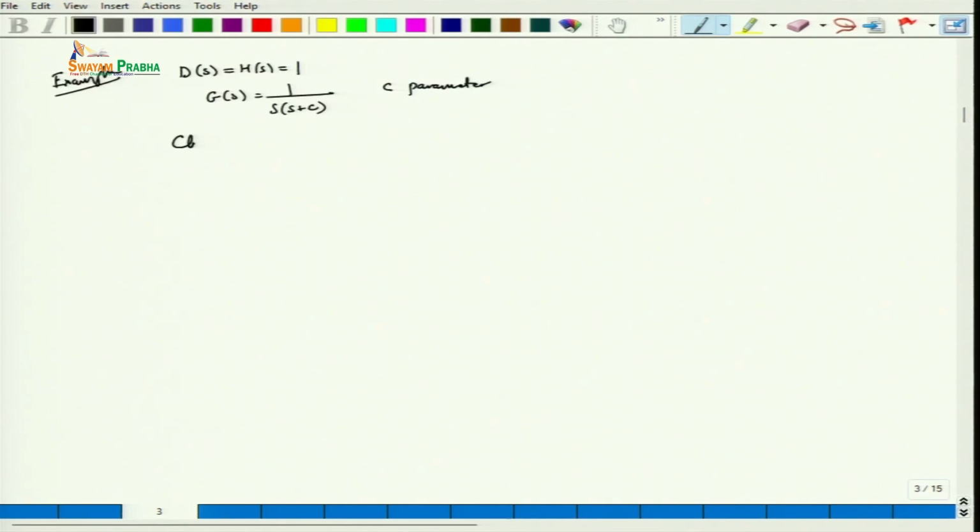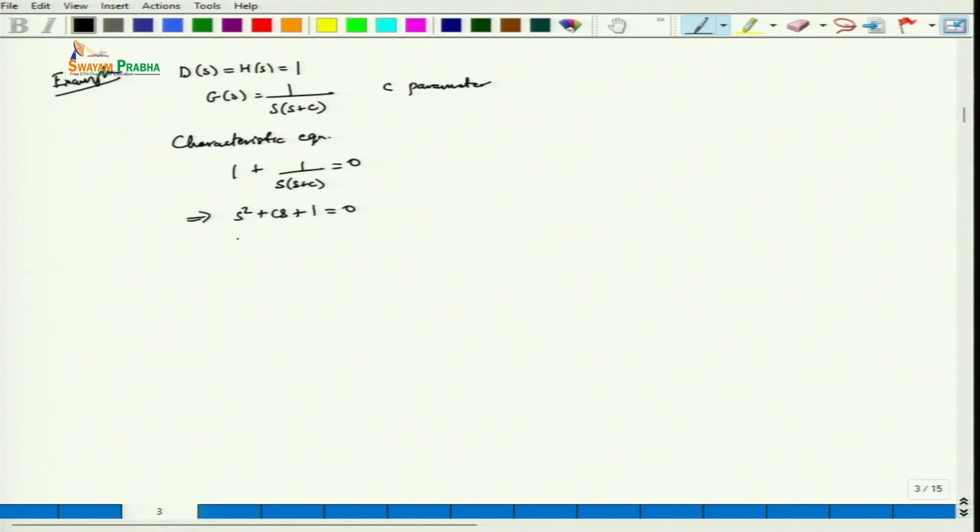So, if we look at the characteristic equation, what you will see is that it is 1 divided by S into S plus C plus 1 is equal to 0. So, this can be rearranged to get S square plus CS plus 1 is equal to 0.